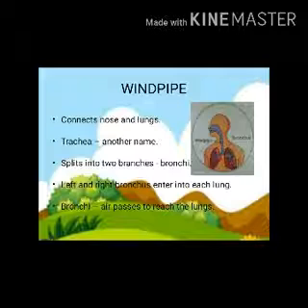The left bronchus enters the left lung, and the right bronchus enters the right lung, through which the air passes to the lungs, right? Another name for the windpipe is trachea. Up to this we saw in the previous sessions, right?